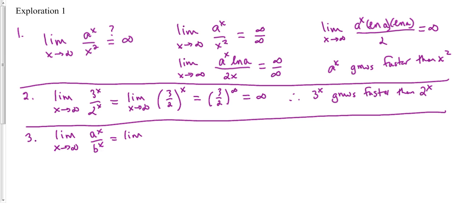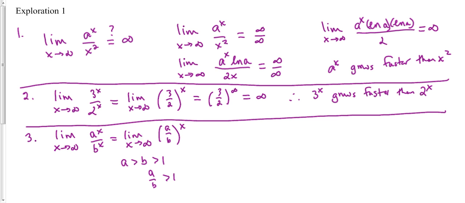I'm going to have the limit as x goes to infinity, and I'm going to make this a over b, all to the x. Now, I know that a is greater than b and that both of them are greater than 1. And this tells me then that a over b has to be greater than 1.